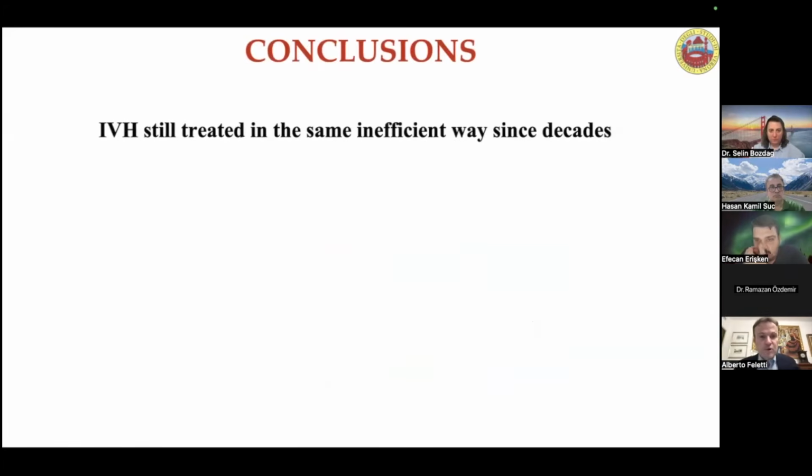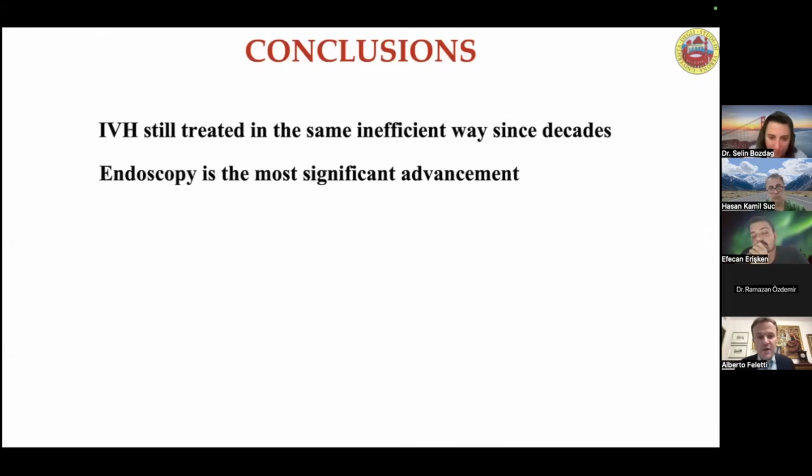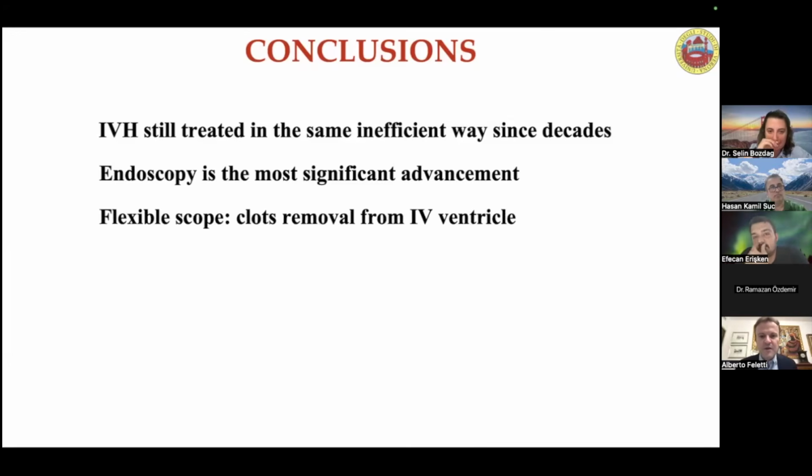So to conclude, I believe that intraventricular hemorrhage is a very bad pathology, which is still treated in the same inefficient way since decades. And endoscopy has proved to be the most significant advancement to reduce mortality and improve the outcome of these problematic patients, especially using flexible scopes, which can allow you to remove clots even from the fourth ventricle.